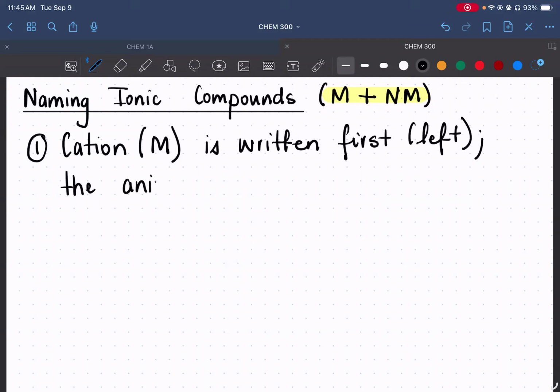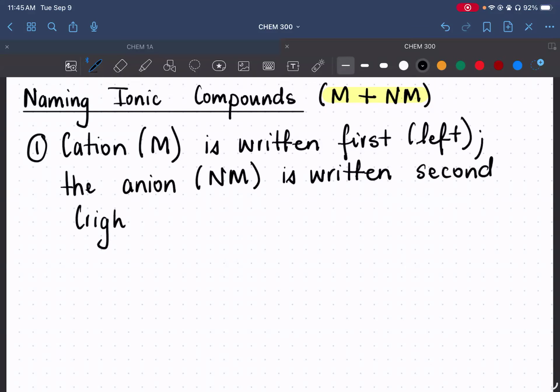The anion, which will most commonly be the non-metal, is written second. That is on the right. Step 2, the name of the cation is unchanged.